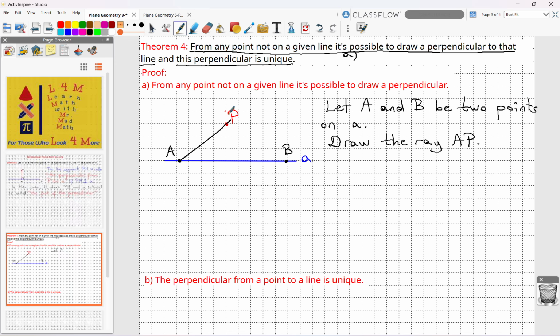Okay, we drew the ray AP. Now we know that we have an angle here which is PAB. Okay, there is an angle here, PAB.